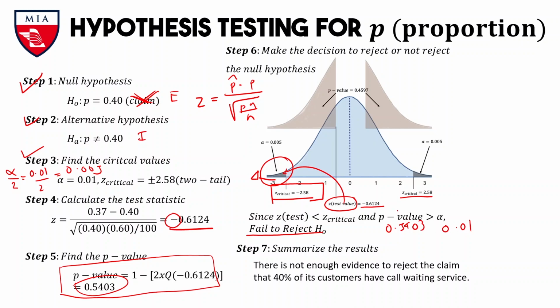Therefore, our p-value is greater than our alpha. And like I said, if the p-value is greater than alpha, we fail to reject. Therefore, based on our calculations, we fail to reject the hypothesis here because the value of our z-test is not in the critical region.